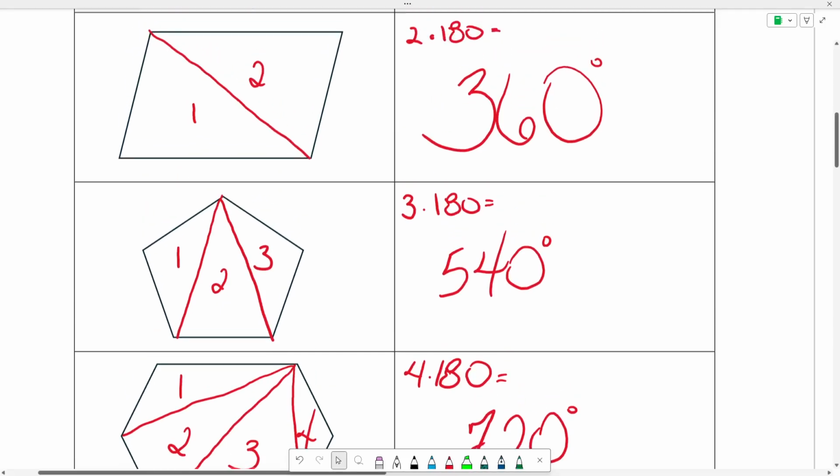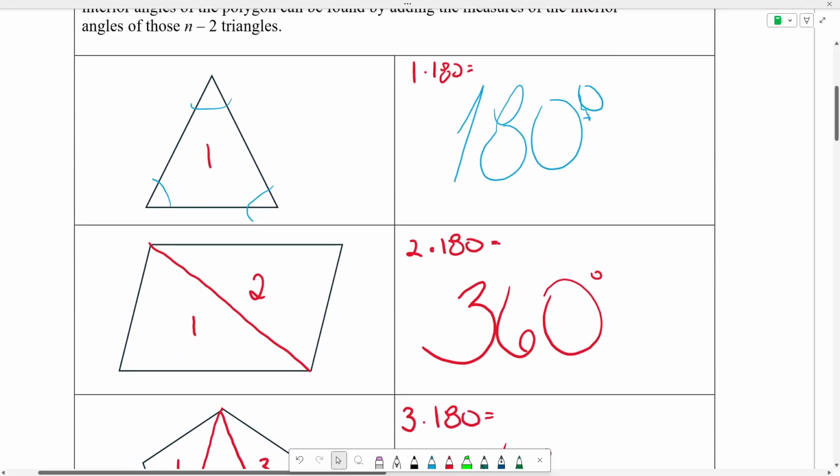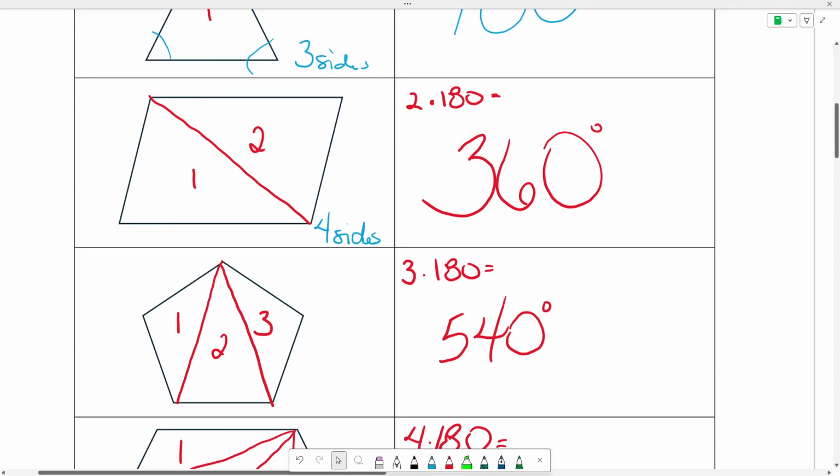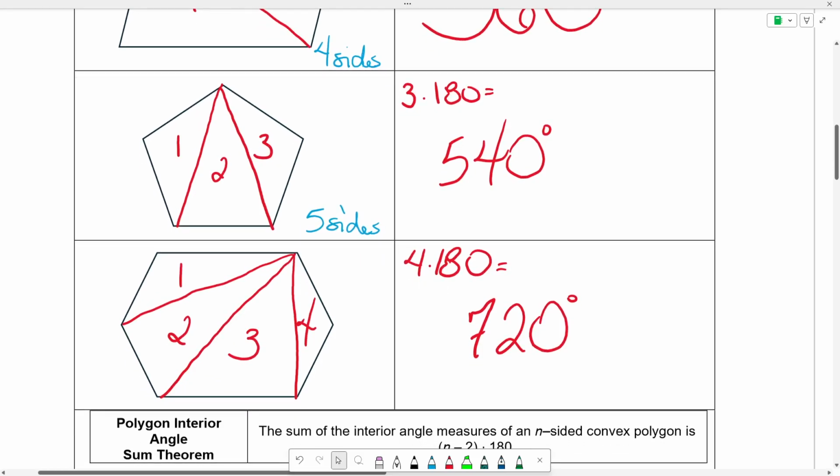Notice the pattern we've got forming here. This one has 3 sides. This one has 4 sides. Here we have 5 sides, and this example here has 6 sides.